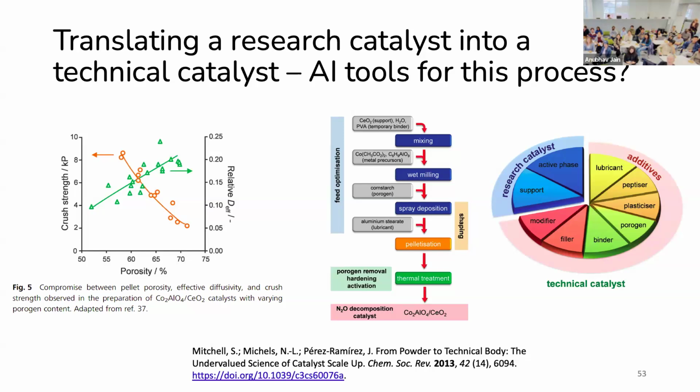Then once you've identified that porosity, you have to figure out in your chemical process to make this technical catalyst, how am I going to achieve this porosity? In this case, you might add a porogen, like cornstarch, somewhere in the middle of this synthesis, and you have to figure out exactly where to put it. Then in the case of porosity, you have to add a thermal treatment at the end to remove this porogen and leave just the voids in your material.